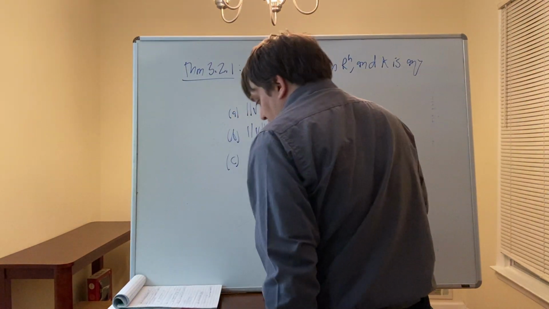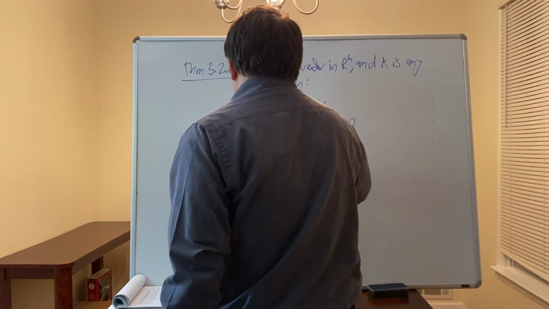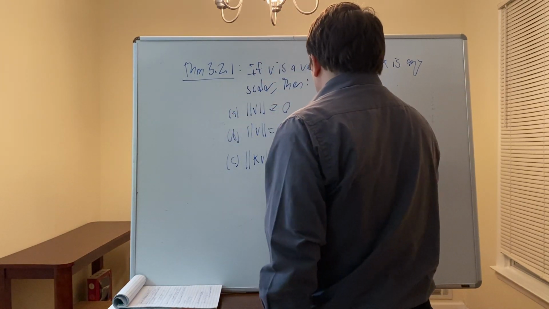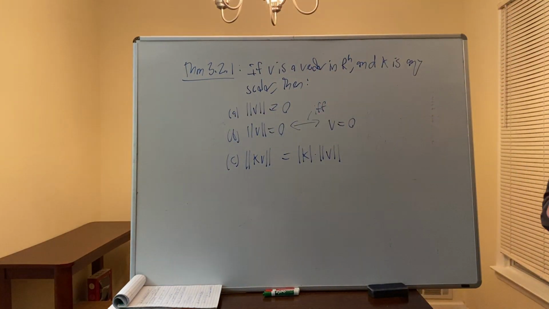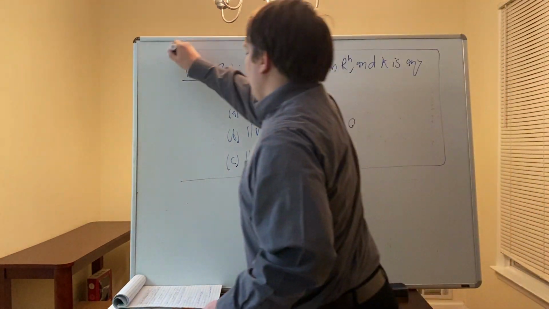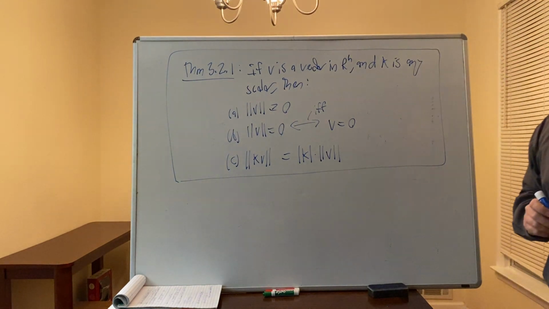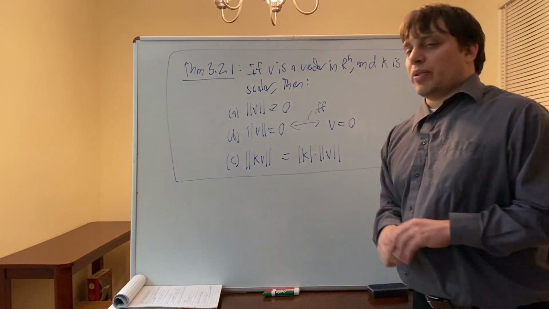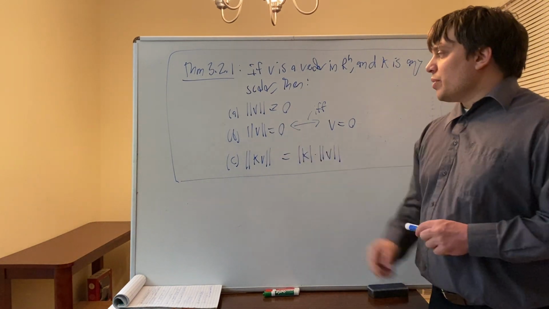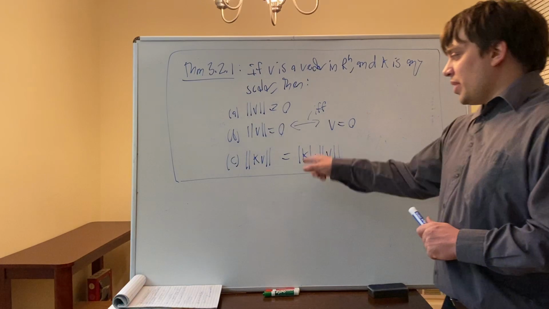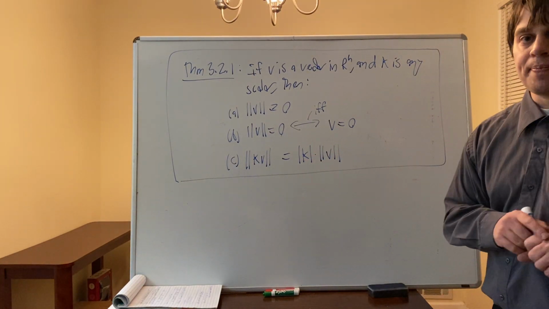And C, the norm of kv is equal to the absolute value of k times the norm of v. So this is theorem 3.2.1 in section 3.2. If v is a vector in n space and k is any scalar, then the norm of v is greater than or equal to 0, the norm of v equals 0 if and only if v is equal to 0, and the norm of kv is equal to the absolute value of k times the norm of v.